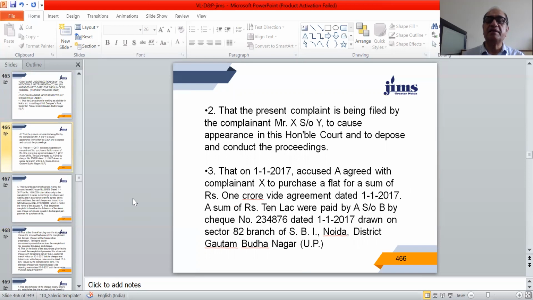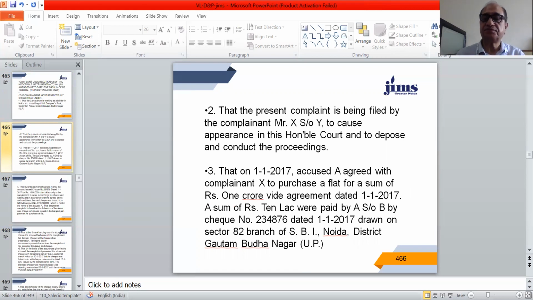That the present complaint is being filed by the complainant, Mr. X, son of Y, to cause appearance in this honorable court and to depose and conduct the proceedings.